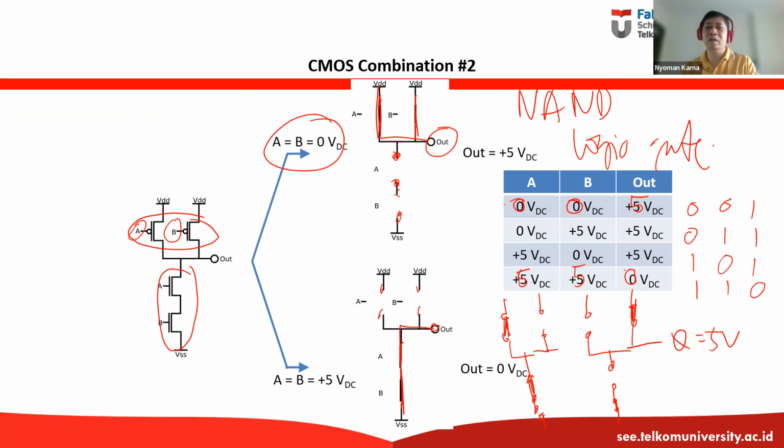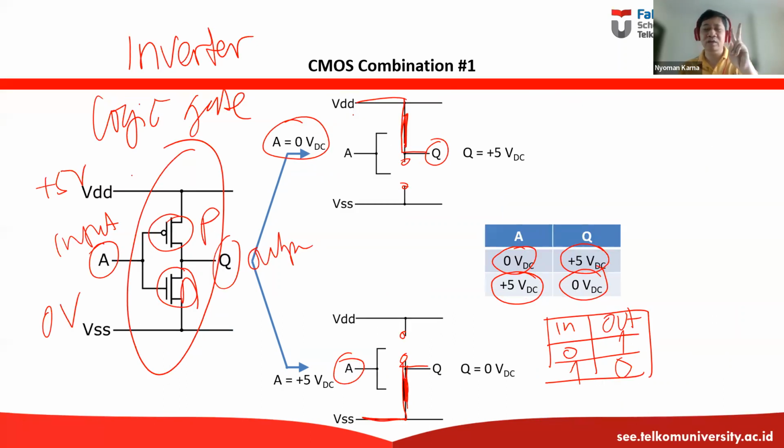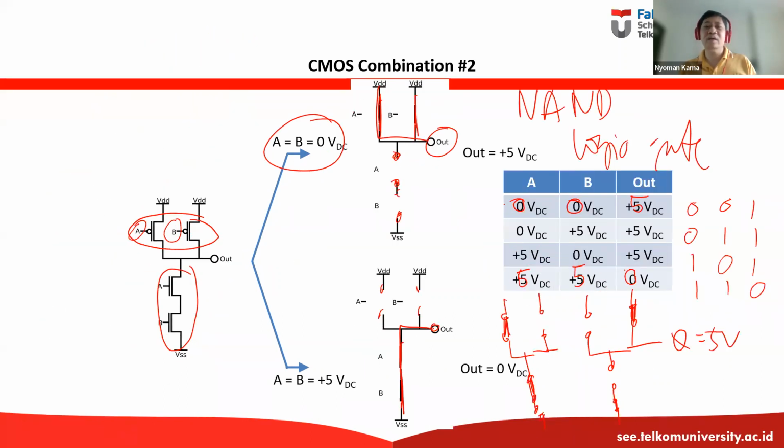We're going to discuss the NAND logic gate, but basically, a logic gate is built from transistors. If the inverter only needs 2 transistors, the NAND gate needs 4 transistors. Okay.